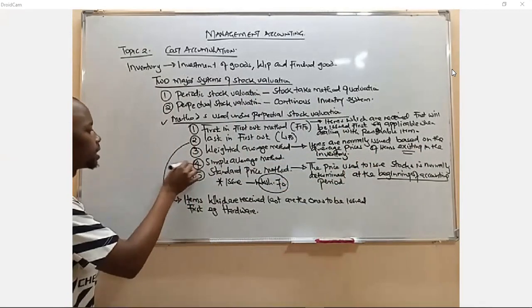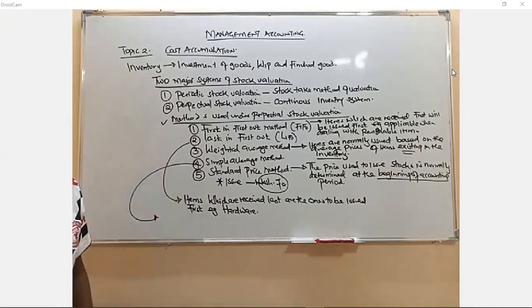Then we remain with the simple average. It is called simple because it is a simple method. We are looking at a method of stock valuation where the average prices of commodities existing in inventory are used to determine the issue prices.